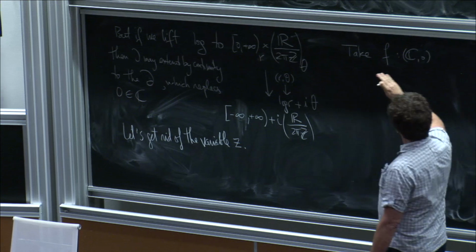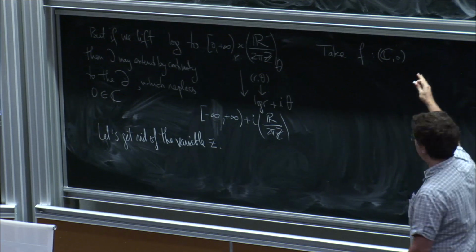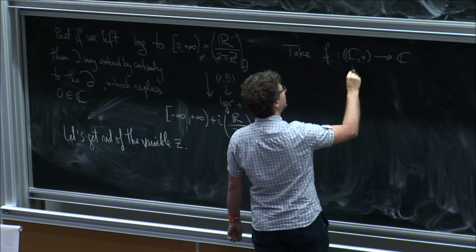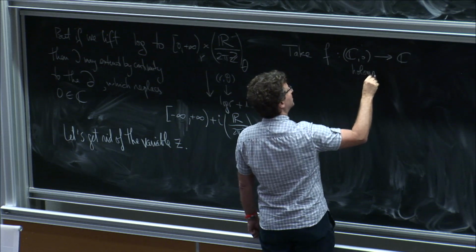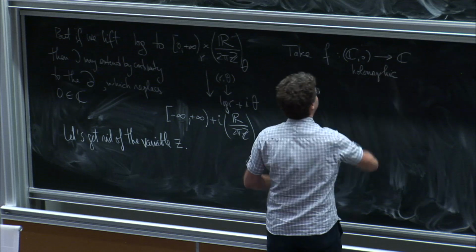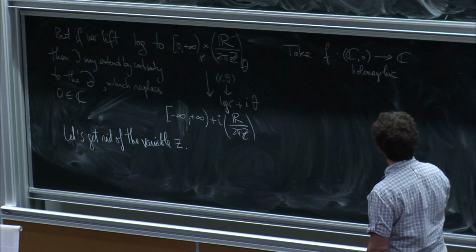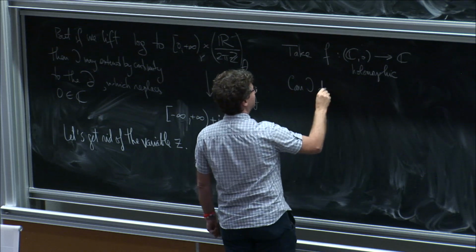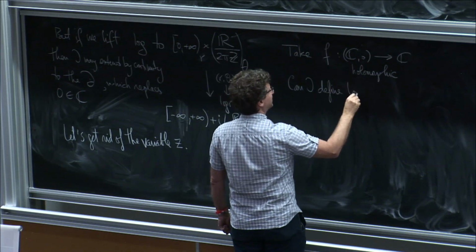I'm working just near the origin, so I look at the germ of a holomorphic function on C, with C, holomorphic. And now I ask, can I define log f?